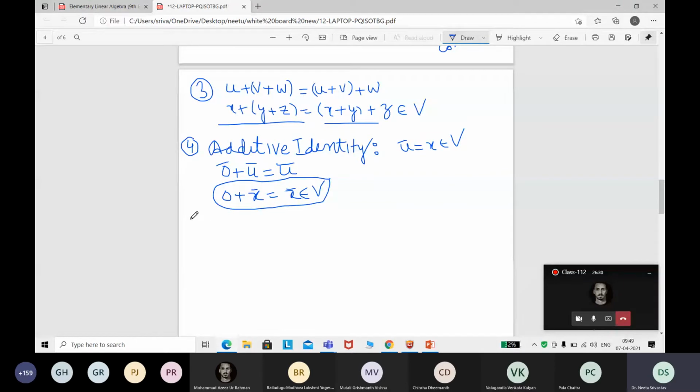Now next is additive inverse. Additive inverse is just add some number e to x bar so that you can get 0.